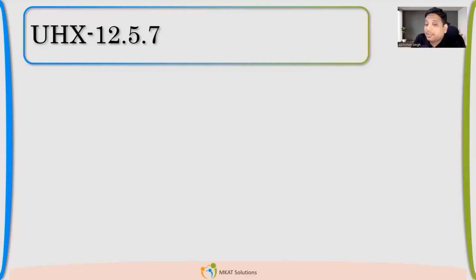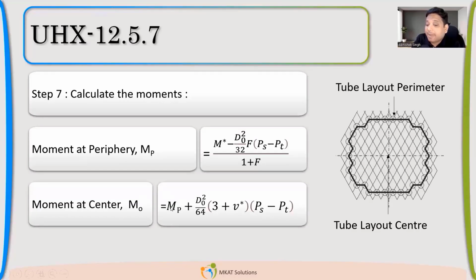Now, few of you might be thinking that, see, MP, we are adding this term. So why not M0 is more than MP always? Can I say that if in MP we are already adding this term, this moment at the center should be more? Any thought on that?